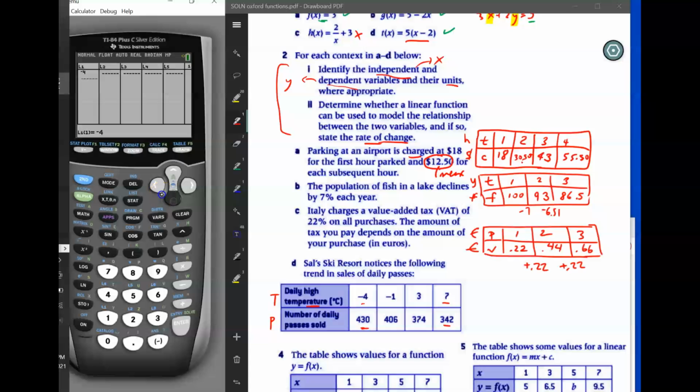Okay, -4, go down, -1, go down, 3, go down, 7. I'm doing all the temperature values first. Go down. Okay, and then for the dependent variable, I'm going to put 430 and 406 and 374 and 342.